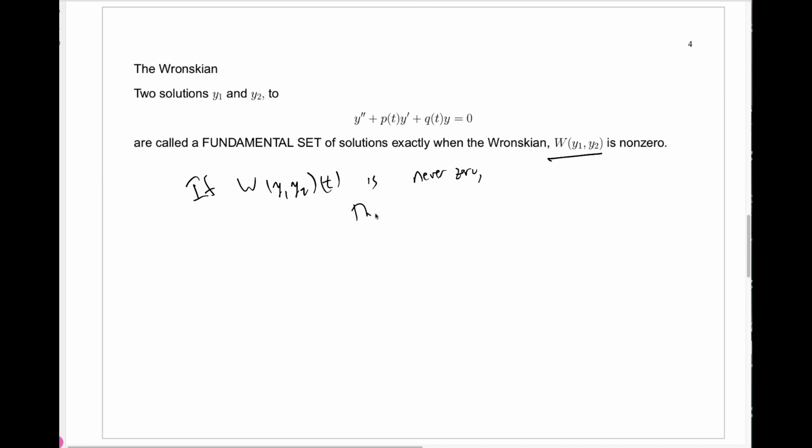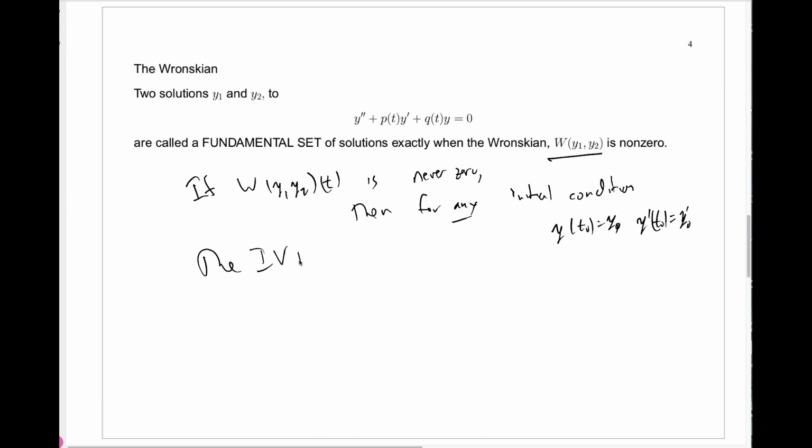then for any initial condition, say y of t naught equals y naught, and y prime of t naught equals some other value, y naught prime, for any initial condition you throw at me, I'll be able to find a solution to the differential equation with that initial condition, which is a linear combination of y1 and y2.